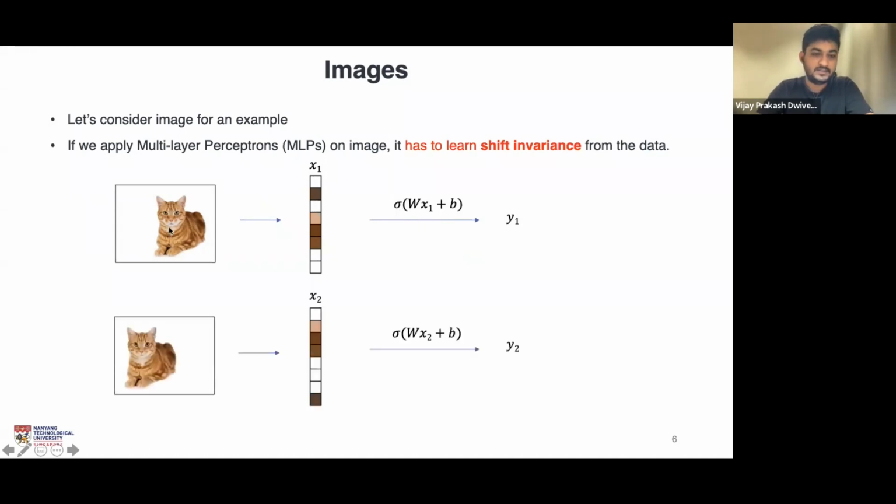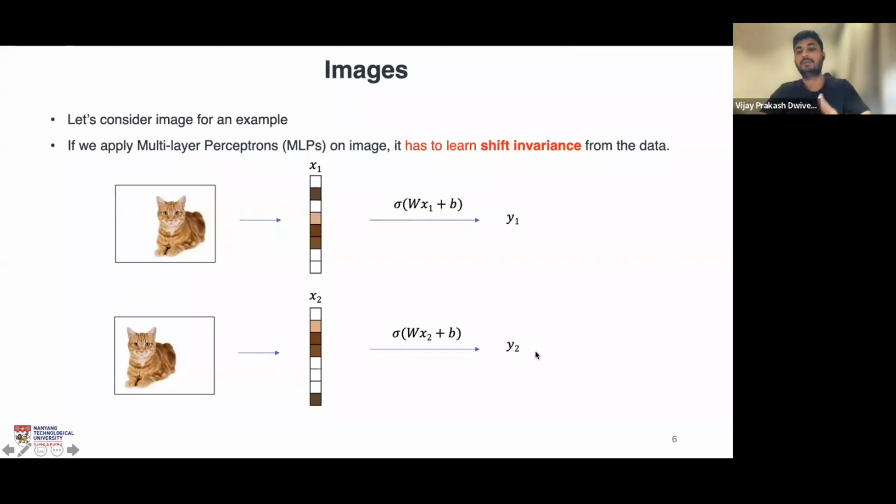If we shift this image of the cat slightly to the left, we have a completely different feature vector at the input. Although both objects are the same, the input vectors x1 and x2 are not the same. It changes because of the shift in the original image, and this leads to an output y2.